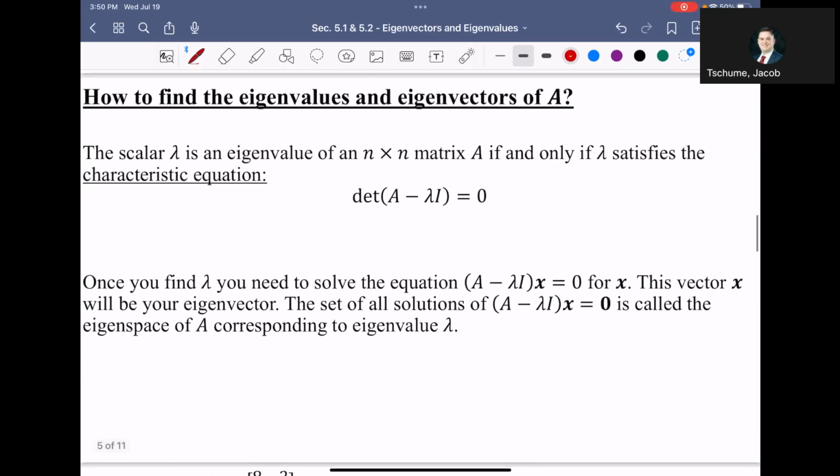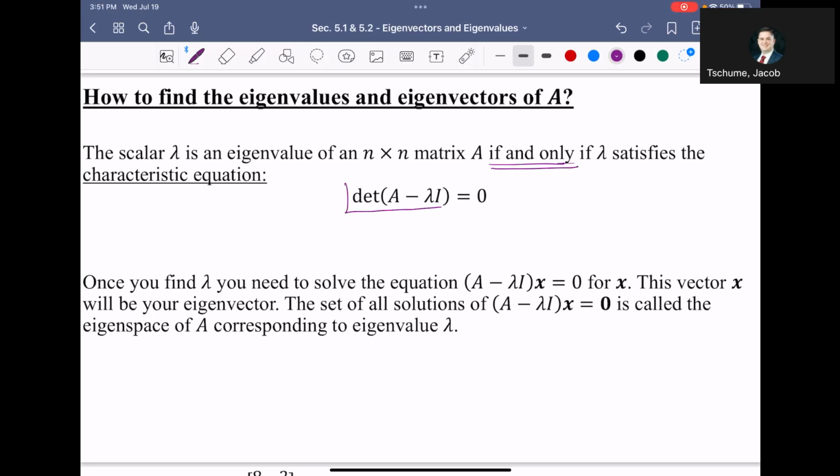All right, so now that we know how to verify if an eigenvector is there and what the eigenvalue is, the question now becomes, how do you do it yourself without me giving you part of the answer? So how do we find the eigenvalues and eigenvectors of a square matrix A? First thing you will have to do is find your eigenvalue first. The scalar lambda is an eigenvalue of an n by n matrix A if and only if lambda satisfies the following equation.